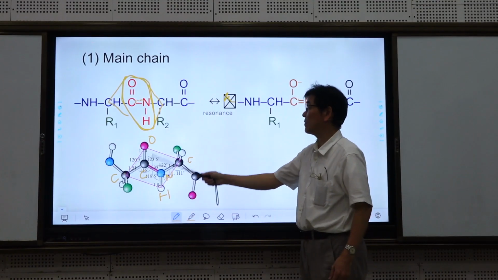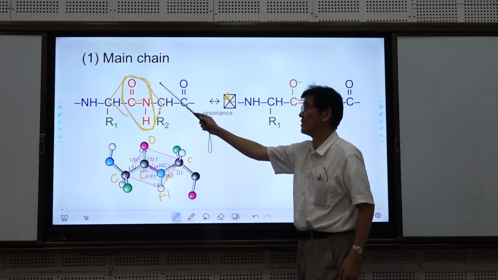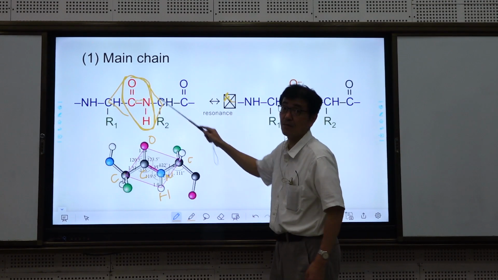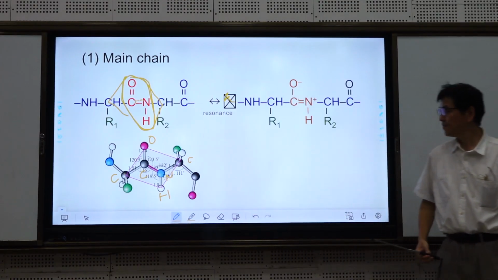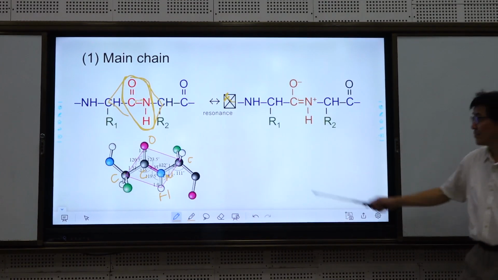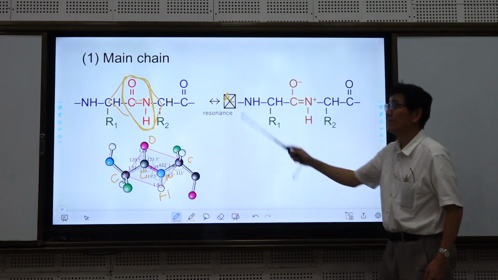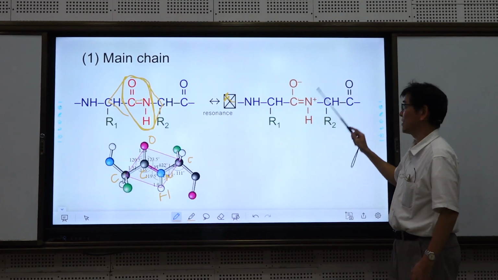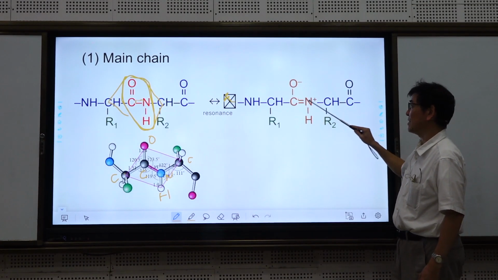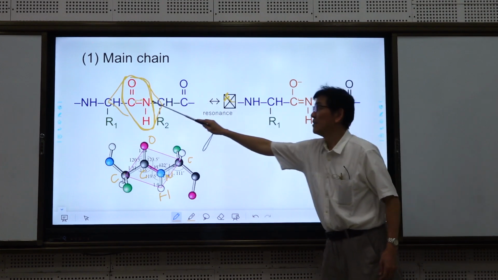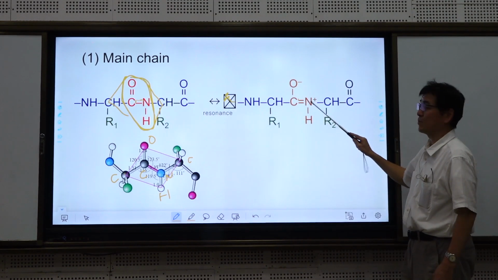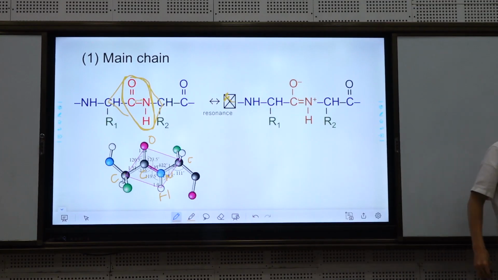This is one of the typical characters of the peptide main chain, in particular the peptide bond. This planar structure is due to the resonance structure, where the CN single bond becomes a double bond to some extent.